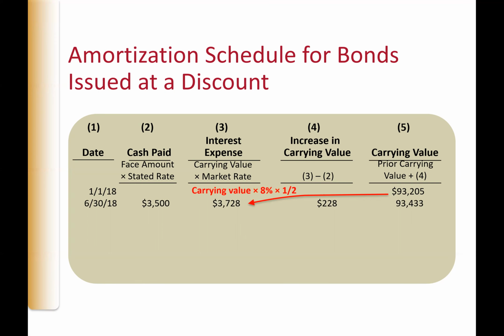So in this first example, we know 93,205 times 4% gives us the interest expense of 3,728. Since that interest expense is greater than the cash that was paid out or received by the investors, that difference, the 228, is added to the carrying value of the bond.